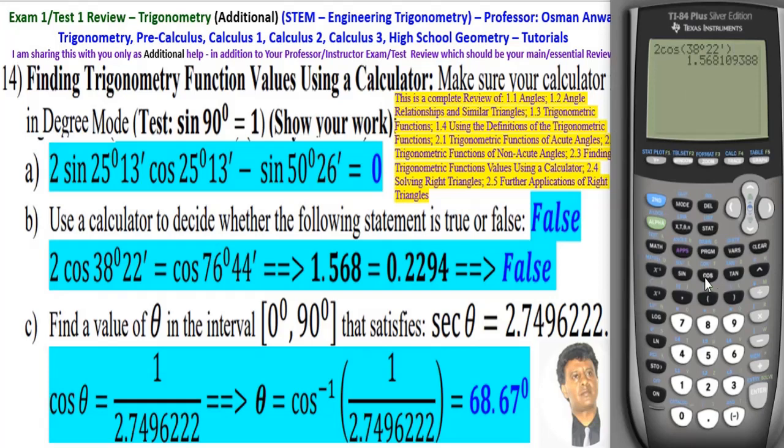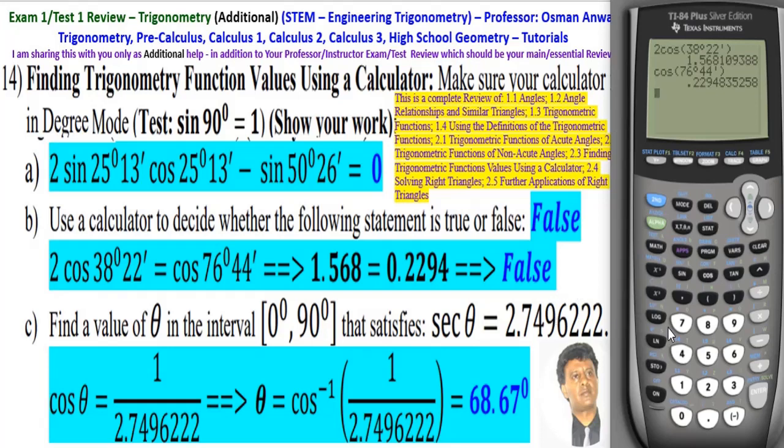So let's try the other one. Cosine of 76 degree, that is twice, and 44 minute. And that is equal to 2.2294, which they are not equal to each other. That means the statement is false.